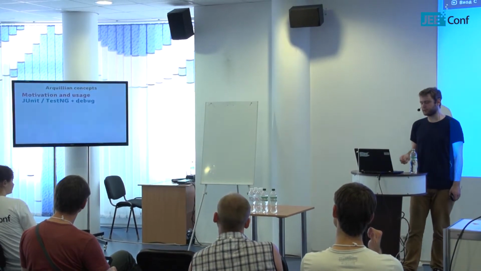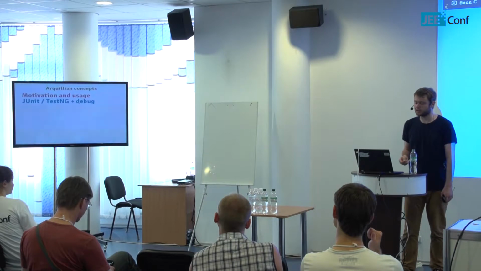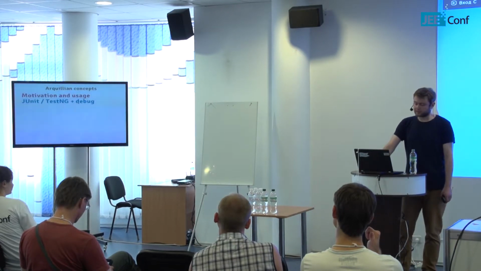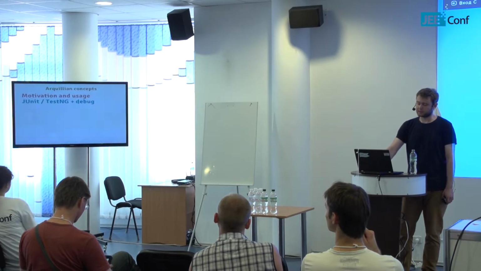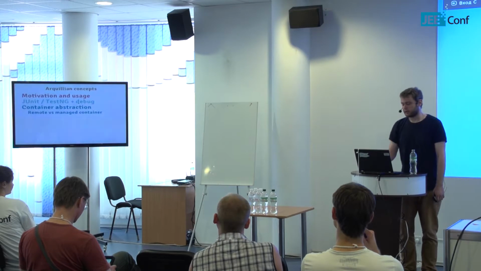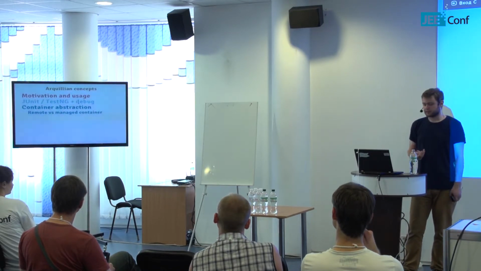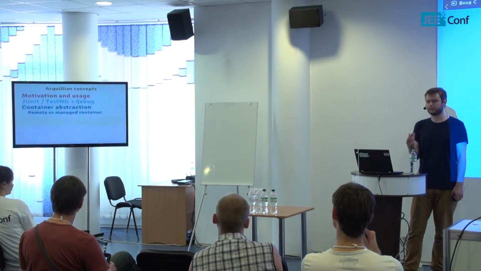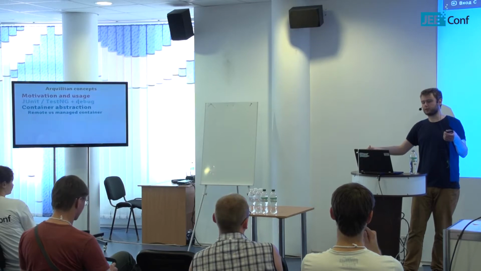Arquillian cooperates with JUnit and TestNG, so it supports multiple test runners, and you can also debug your code easily from the IDE, Eclipse, NetBeans, and so on. Arquillian uses an abstraction of a container. A container is a kind of thing where you actually deploy your application in order to test it.